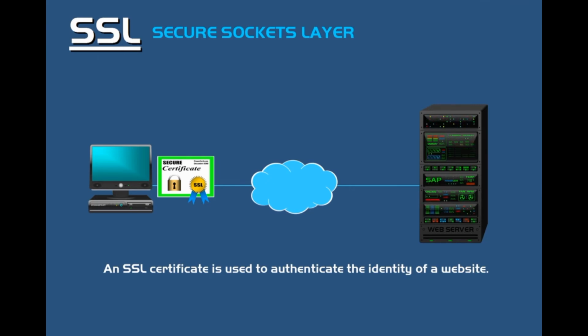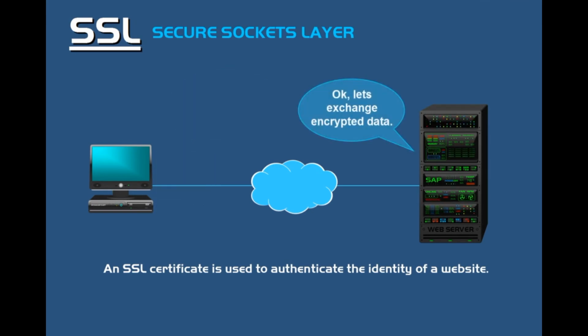Then the computer's browser will check to make sure that it trusts the certificate, and if it does, it will send a message to the web server. Then the web server will respond back with an acknowledgement so an SSL session can proceed. After all these steps are complete, encrypted data can now be exchanged between your computer and the web server.